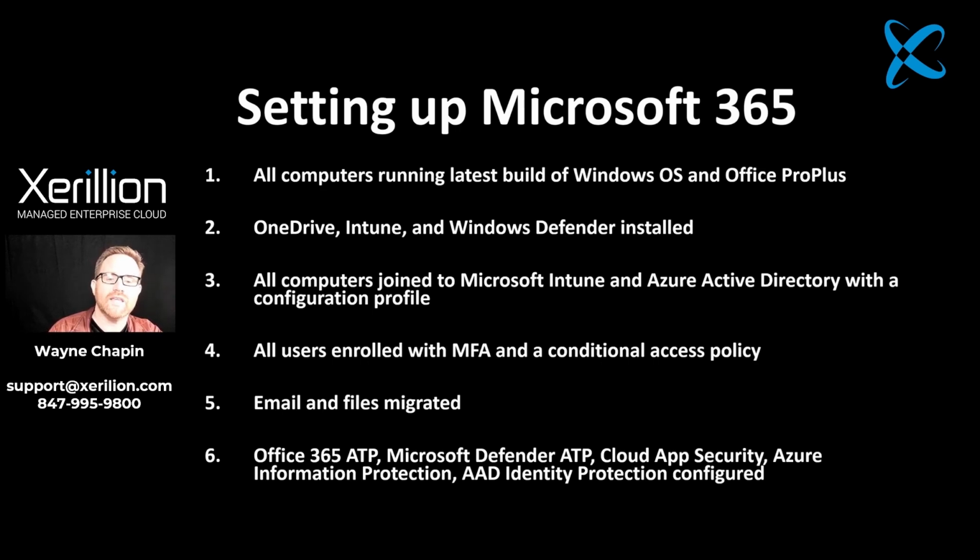Number 5, of course, emails and files migrated. And then 6, set up the Microsoft 365 management and security stack: Office 365 Advanced Threat Protection, Microsoft Defender Advanced Threat Protection, Cloud App Security, Azure Information Protection, and Azure Active Directory Identity Protection, all configured. If you've set up all those things, you did it right. And now we can move on to the Microsoft 365 maintenance process.